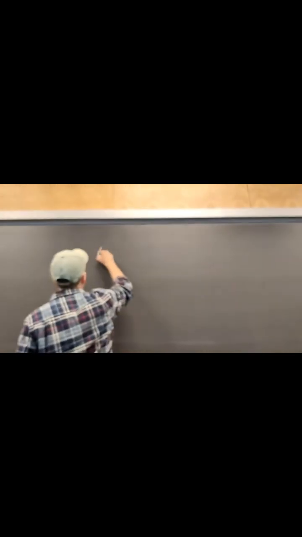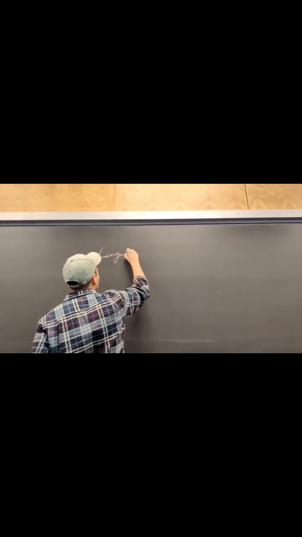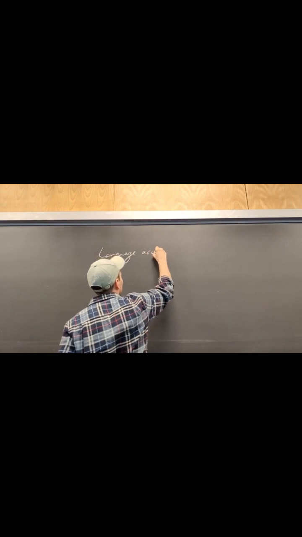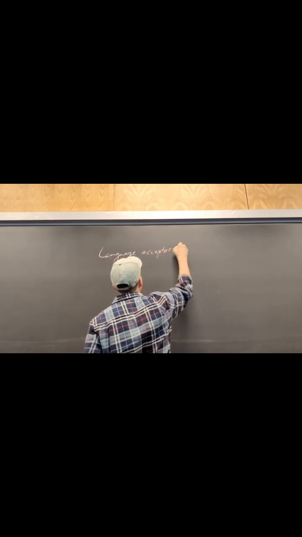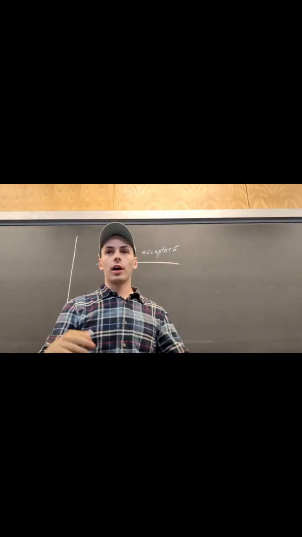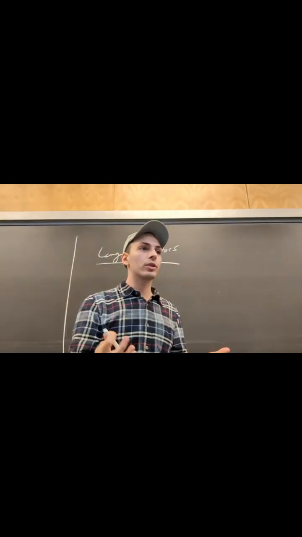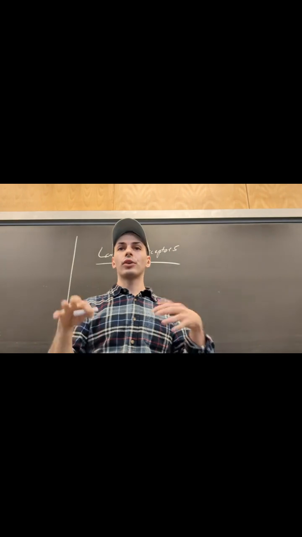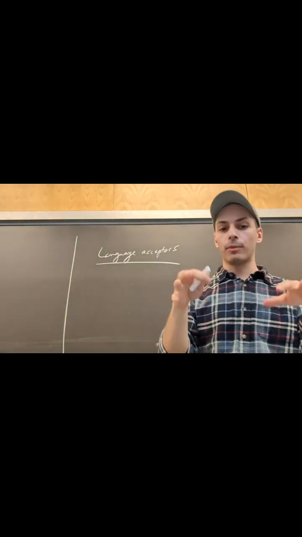So the way that we've been trying to model this, at least in the first tutorial, but you've been doing a lot more of this in class, is we've been looking at what we call language acceptors. Language acceptors are the models of computers that we're designing to approximate the modern day computer.